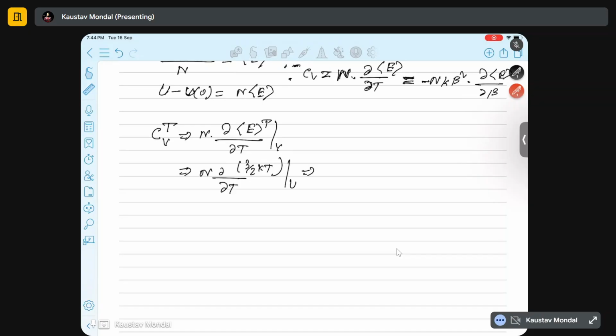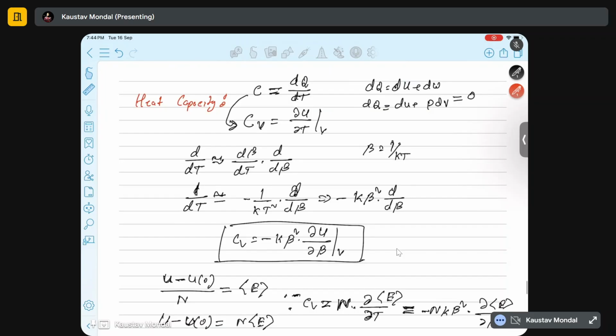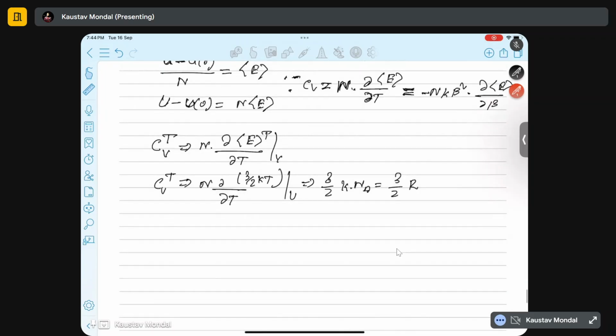So this gives us 3 by 2 k into Na, that is 3 by 2 R.